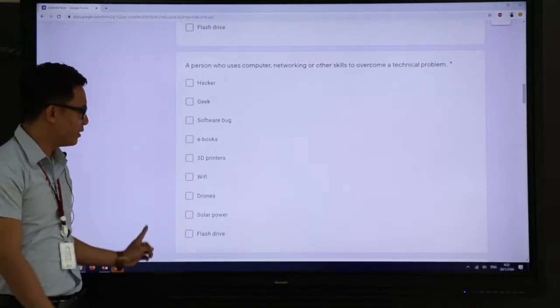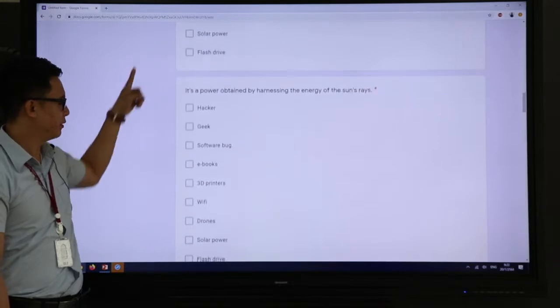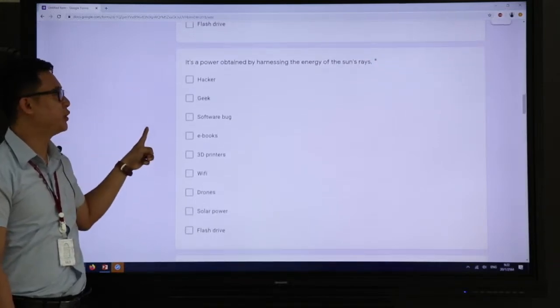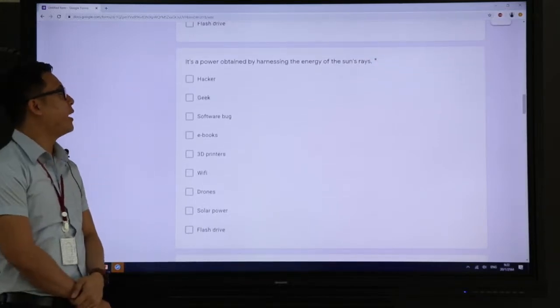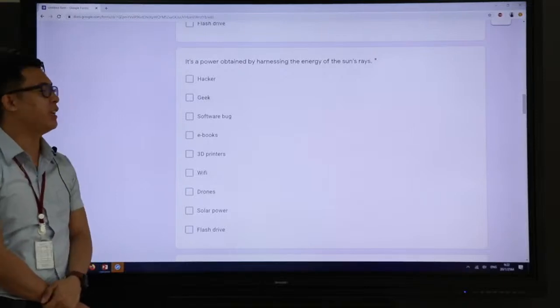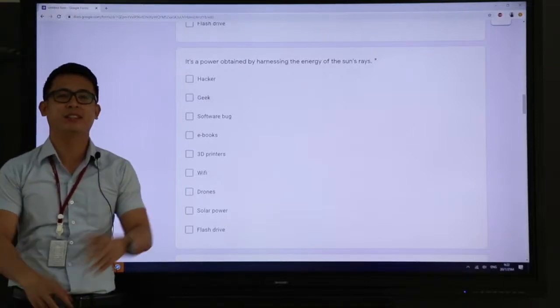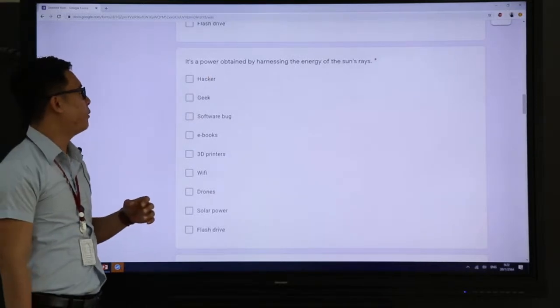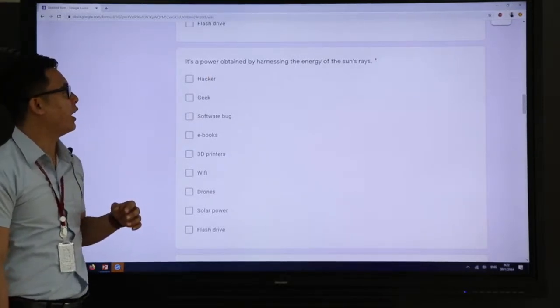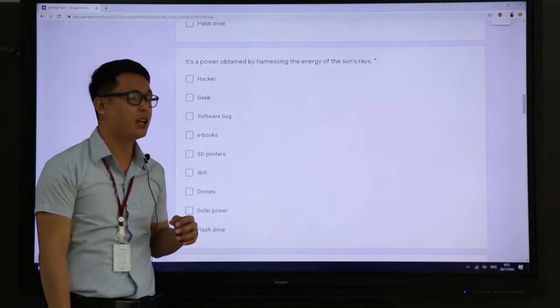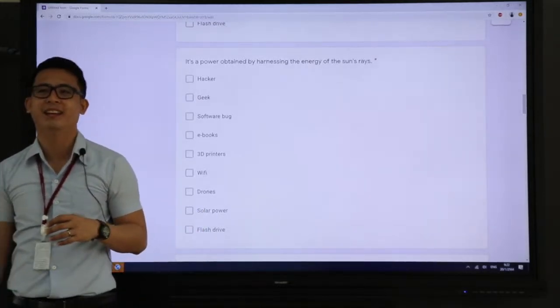Okay, next. Number 3. It's a power obtained by harnessing. When we talk about harnessing, it's about gathering, where it's a power obtained by harnessing the energy of the sun's rays. It's very easy.